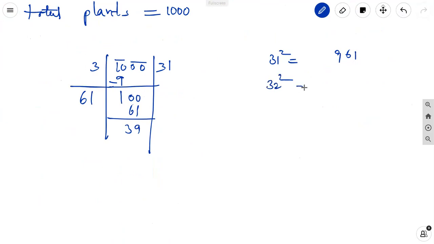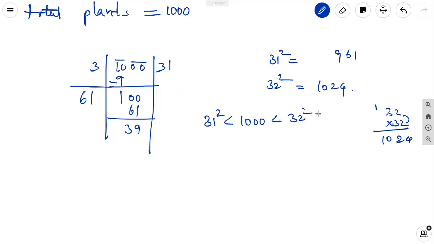Suppose 32 square equal to 32 into 32. 2 2s are 4. 6 plus 6, 12. 1 is carry. It's 1024. Okay. Here clearly we say that 31 square is less than 1000, which is less than 32 square.